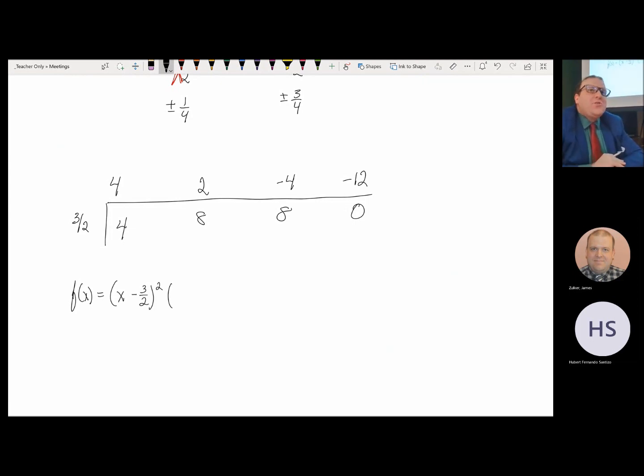That means x minus 3 halves squared is a factor. And what are we left with? x squared plus 8x plus 8. Let's make life easy.